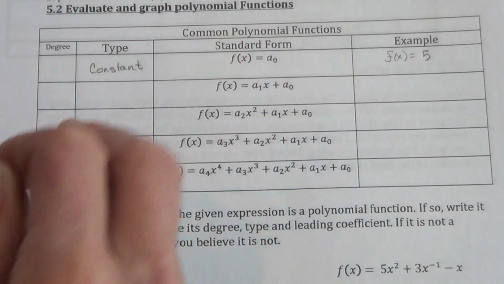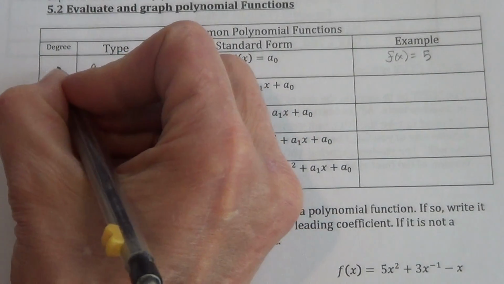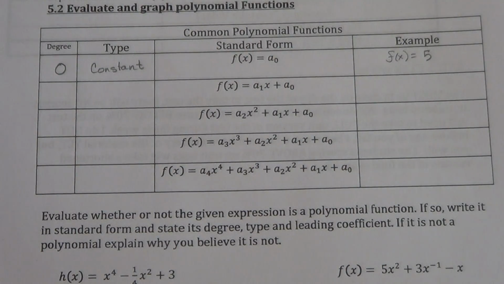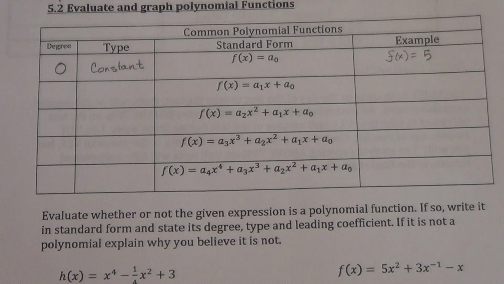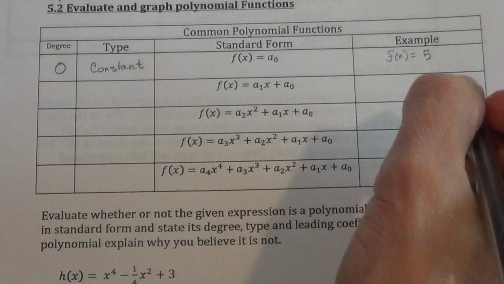It has the value 5, and it will always have that value 5. It's to the 0th degree, because the way we get the degree is by taking the variable of the leading coefficient and adding the exponents that are on the variable. Since there's no variable, there's no exponent, so the degree is 0, always.